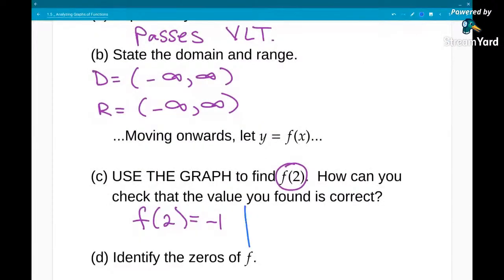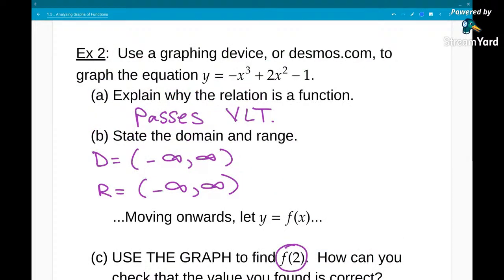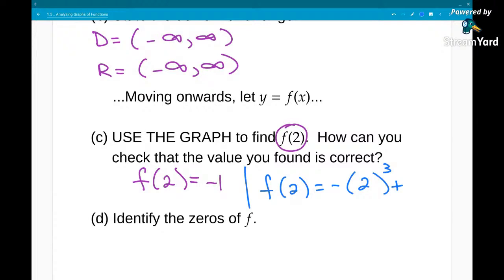So using the equation, again, I'm not calling it y anymore. I'm saying f of 2 is 2 cubed plus 2 times 2 squared minus 1. This makes 8. This makes 8. This makes negative 1. So it does confirm it.